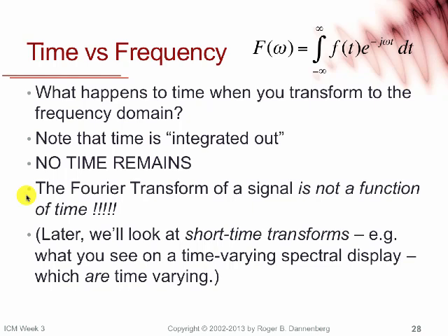The Fourier transform is not a function of time. It's only a function of frequency. So get that into your head. It's a common misconception. So this will come up again. Later, we're going to look at short time transforms, which is what you saw on this spectral display. And those are time varying.